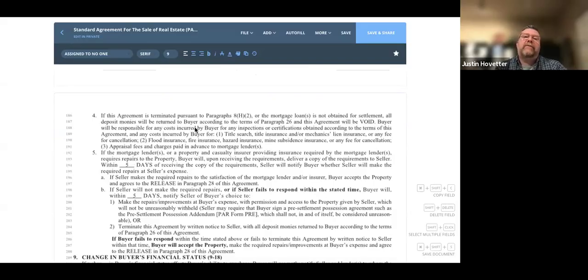Now, the buyer is responsible for any costs incurred by the buyer for inspections or certifications, etc., but the contract is void. From a practical standpoint, Kristen, can the seller contest entitlement to the EMD?